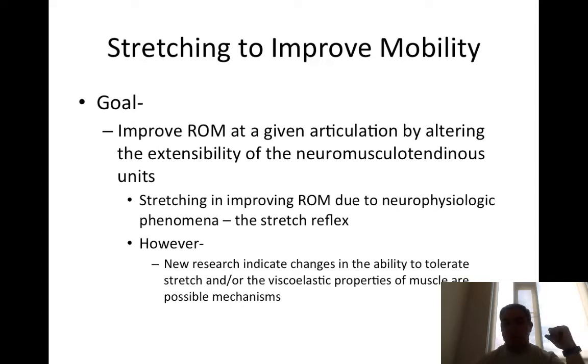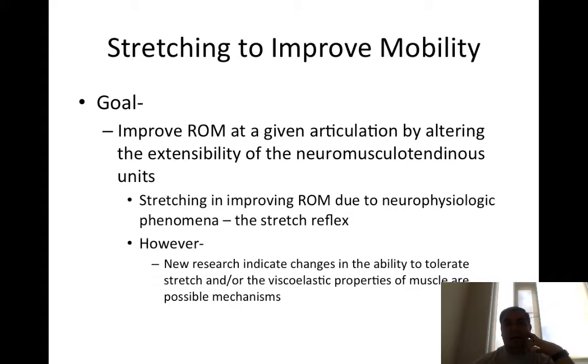So, stretching to improve mobility. Your goal is to improve range of motion at a given articulation or joint by altering the extensibility of the neuromuscular tendinous units, right? Stretching and improving range of motion due to a neurophysiological mechanism is called the stretch reflex, which we'll get to in a little bit. However, new research indicates changes in the ability to tolerate stretch and/or viscoelastic properties of muscle are possible mechanisms.